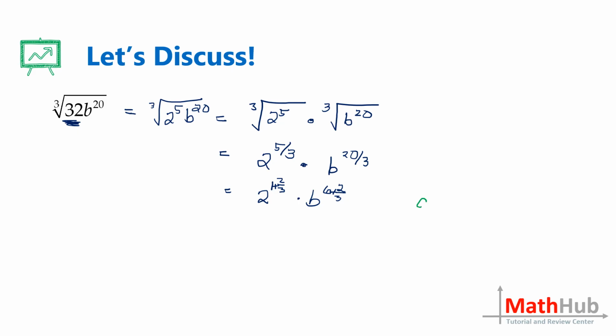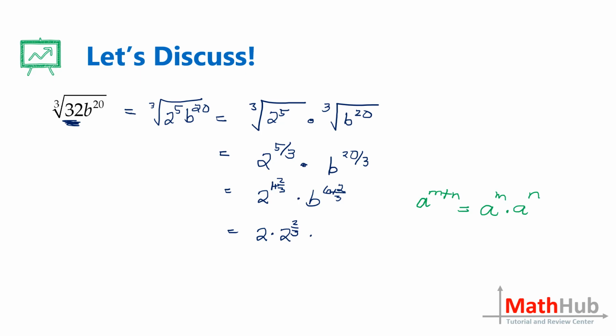Let us recall that if we have a raised to m plus n, that is equal to a raised to m times a raised to n, right? So, going back to this one, we have 2 raised to 1 times 2 raised to 2/3.